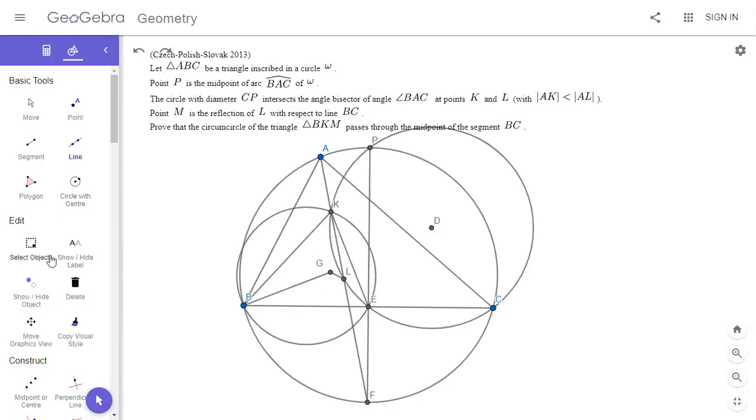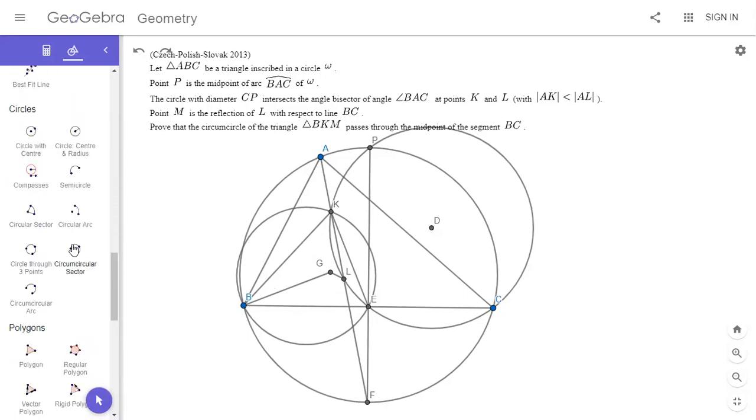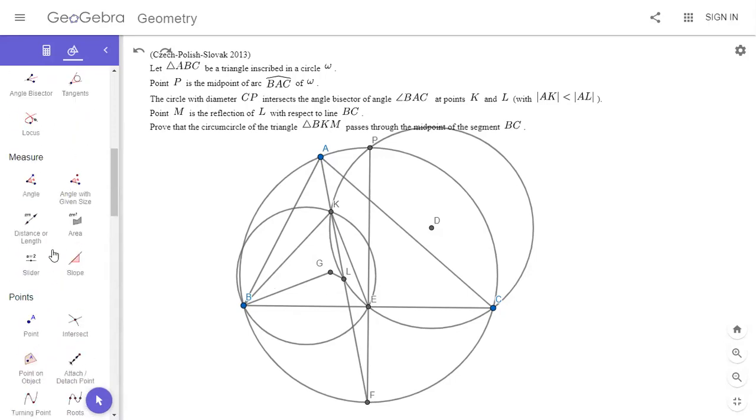I think if we can show that BK and BL are isogonal, that would solve it. Yeah, exactly.